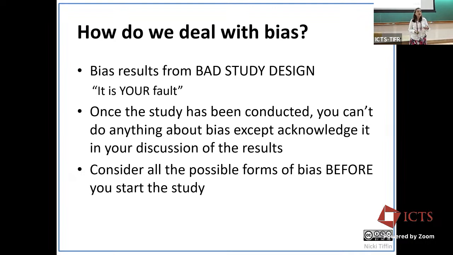So it's about really thinking very, very hard about who's in your population group, who might you be missing, what are the characteristics of the people in the population group you're sampling from, and how can you ensure that you have representation in both cases and controls of similar people. Once a study's being conducted, you can't really do much about bias except acknowledge it in your discussion of the results. And you should do this. It's only fair to the readers of your papers that you acknowledge that there is bias in what you've written about.